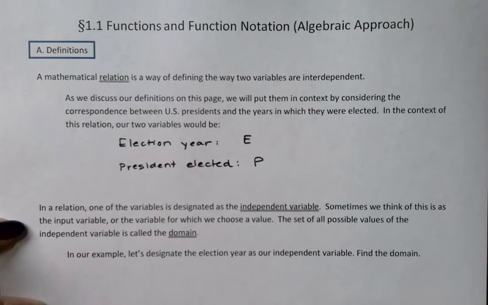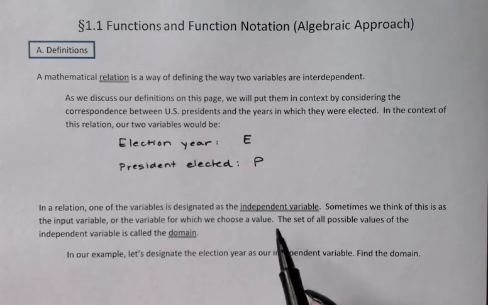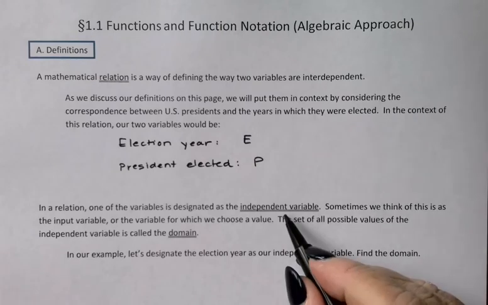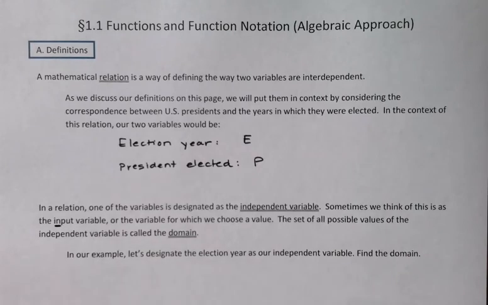We'll call that P. In any relation, one of our variables is designated to be independent, and the other one eventually we'll call dependent. Sometimes we think of the independent variable as the input variable. So IN, independent, IN, input. Or in other words, the variable for which we choose a value.